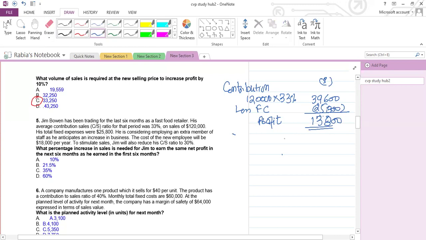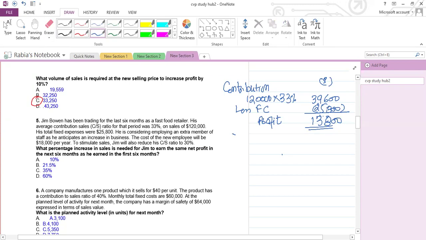Now he said he is considering an extra member of staff, anticipating an increase in the business. This will cost 18,000 per year. Now we are going to calculate for the half year, so we will divide it by two and we will get the fixed cost of 9,000.